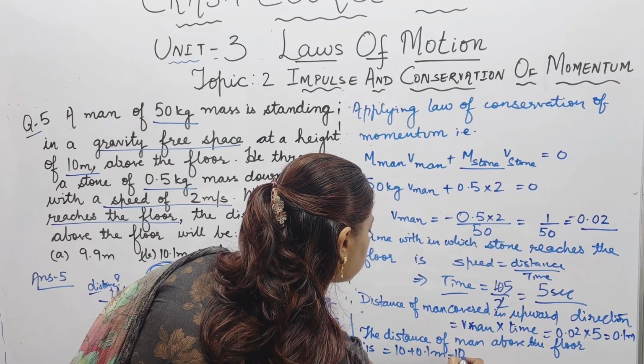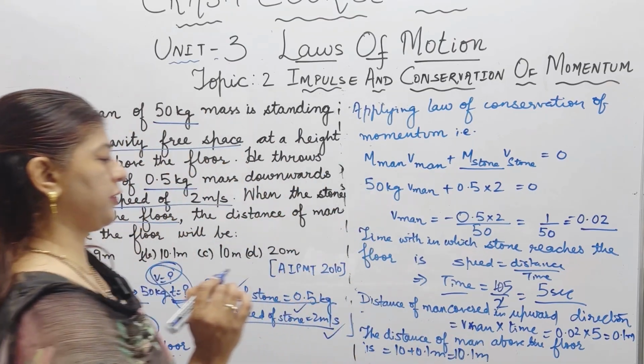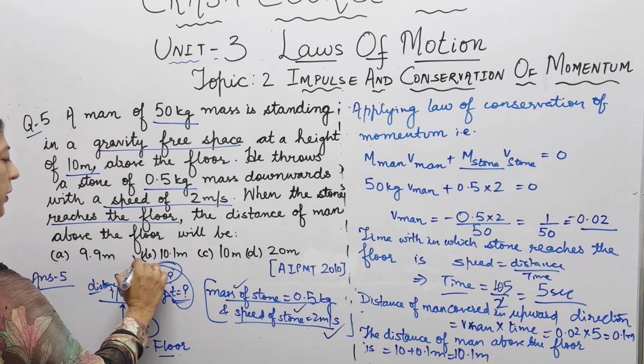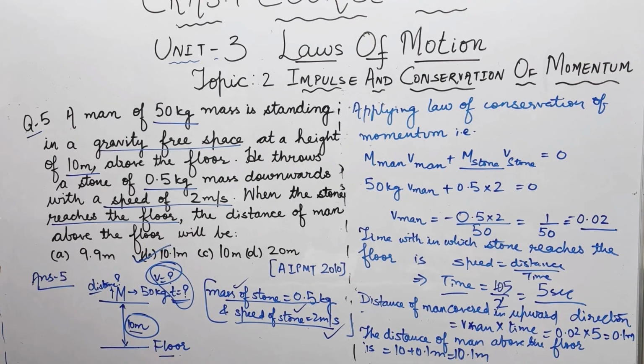This comes out 10.1 meter. So if we look at the options, option number B goes with it, and the answer for the fifth part is option number B, that is 10.1 meter.